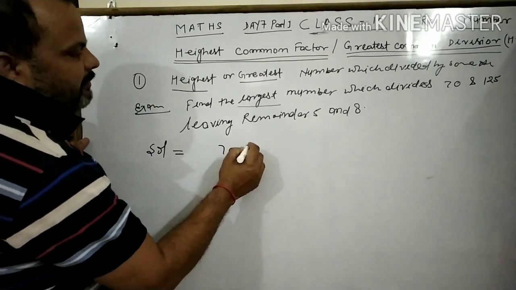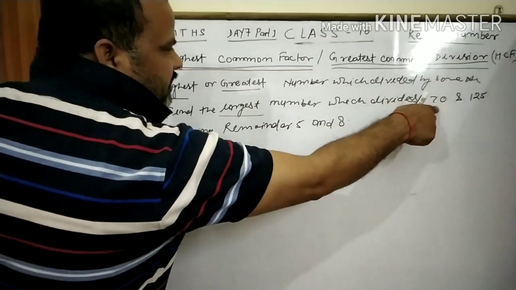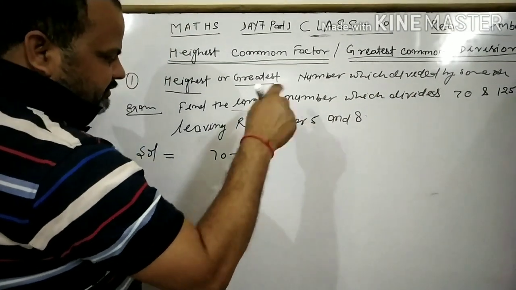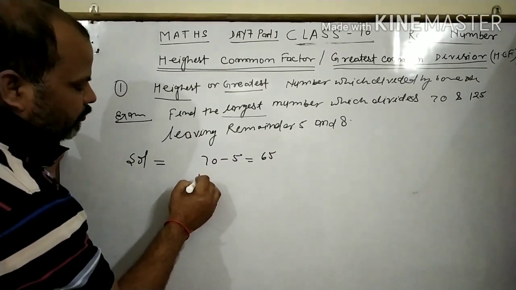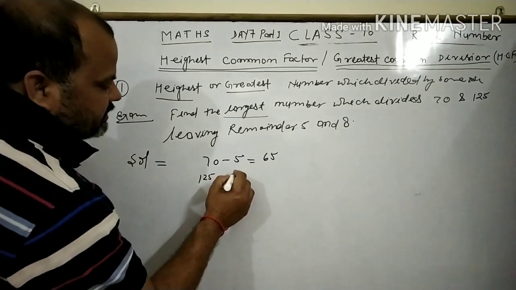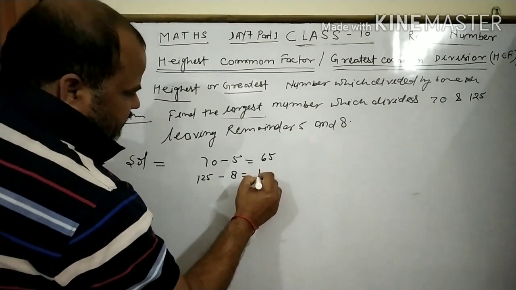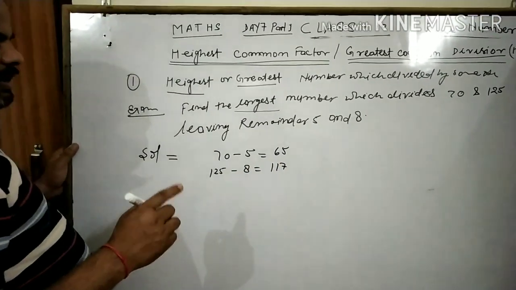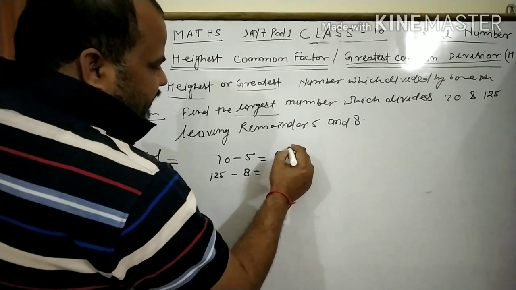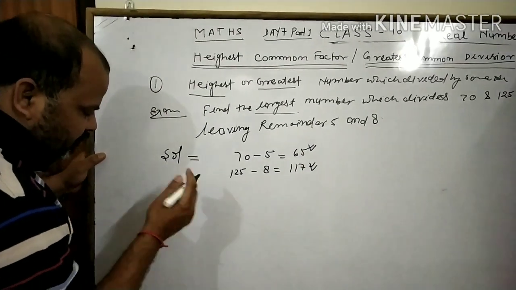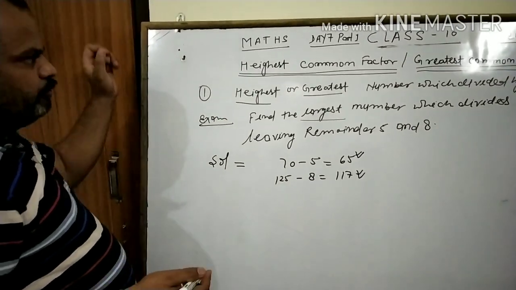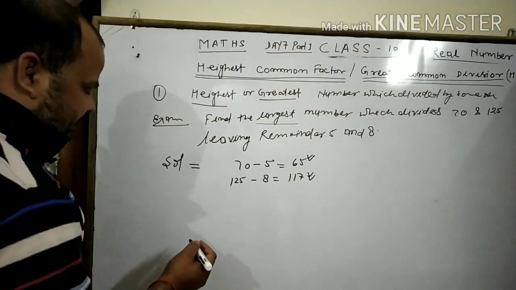70 minus 5, because the first number is 70 and the first remainder is 5, is 65, and 125 minus 8 is 117. Then we can find the HCF of 65 and 117. You know that we can find the HCF in two ways from our earlier classes.